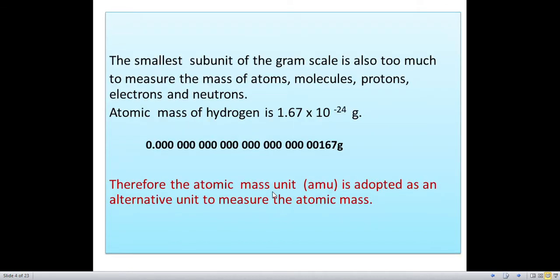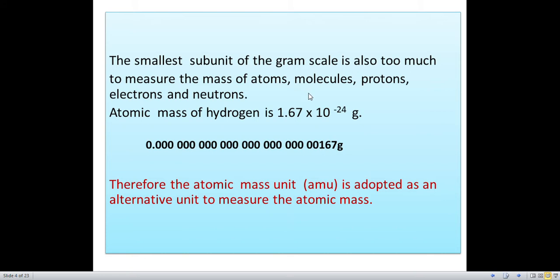How do we measure the mass of atoms, molecules, protons, such minute things? What unit do we use to measure those? The smallest subunit of the gram scale is also too large to measure the mass of atoms, molecules, protons, electrons and neutrons.